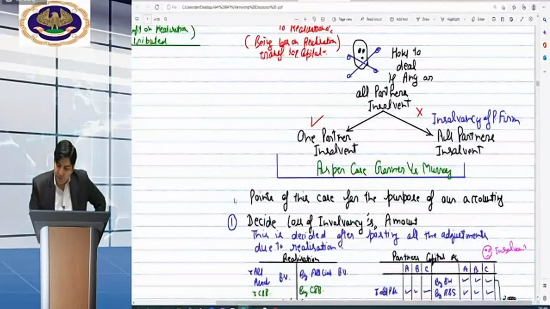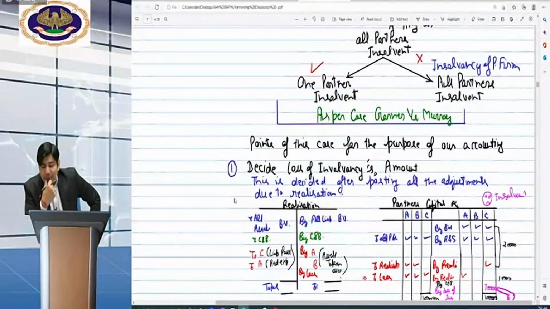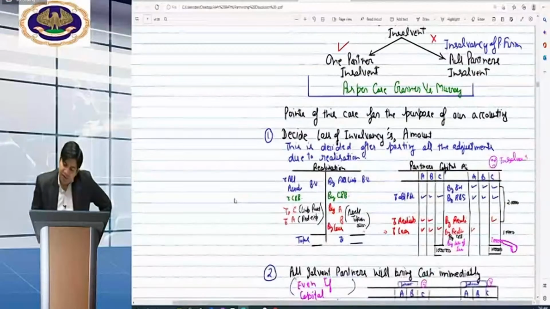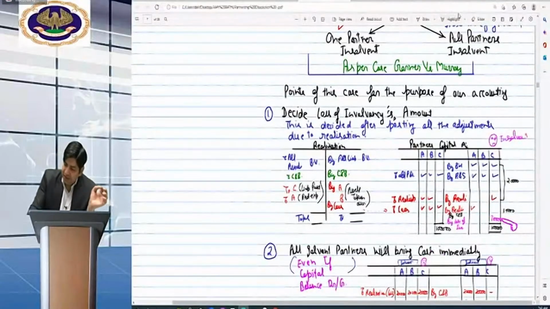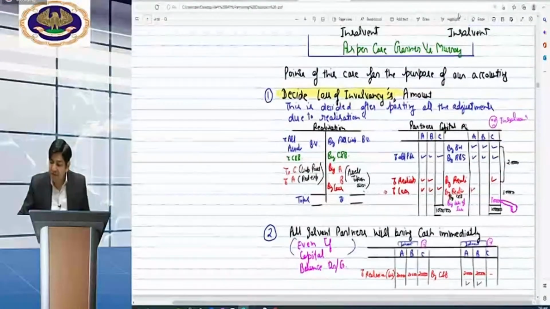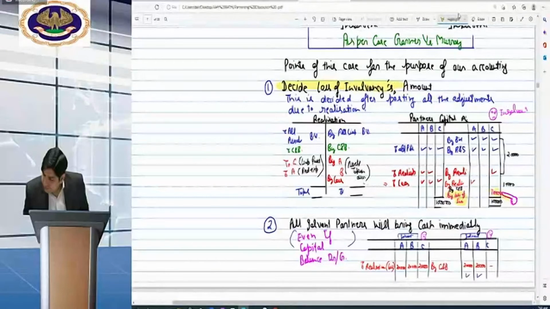Listen to me very carefully now. One partner insolvency is there and all partner insolvency is also there. So what we did in the last class was from here. First, we have to decide the loss of insolvency. How much is the loss of insolvency? That will be decided after transferring all the entries related to the question, so that we can understand the loss of insolvency of the insolvent partner after all the things have been transferred.